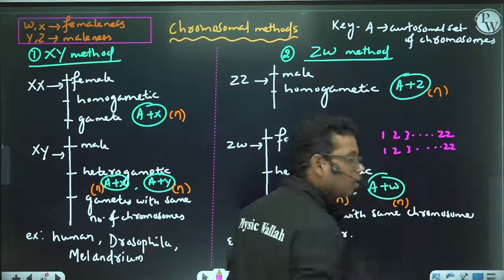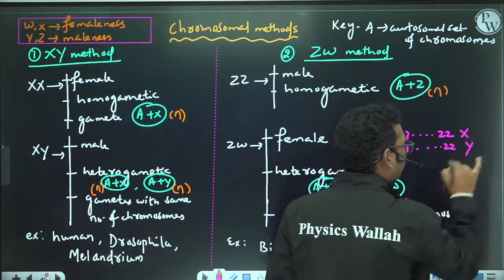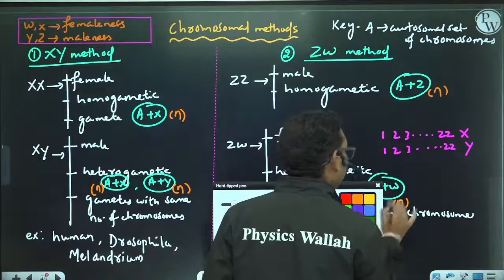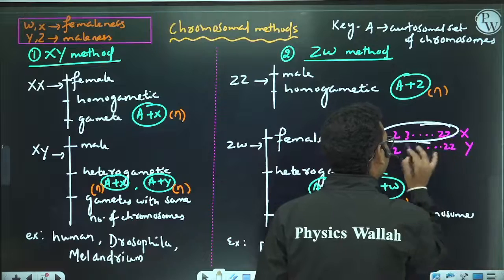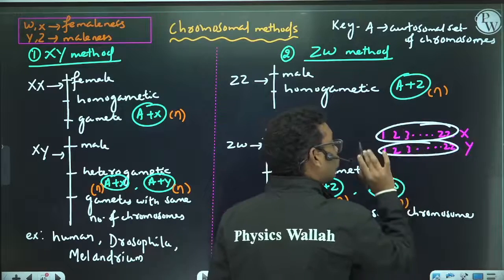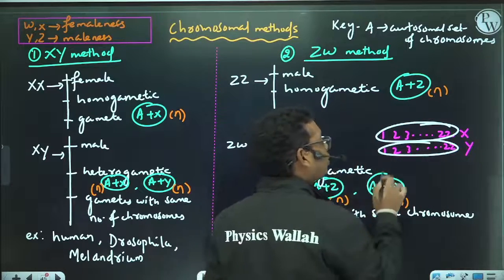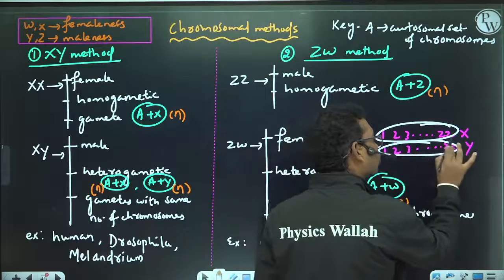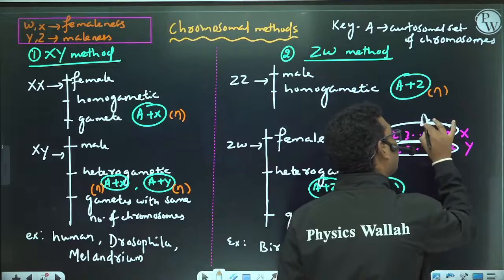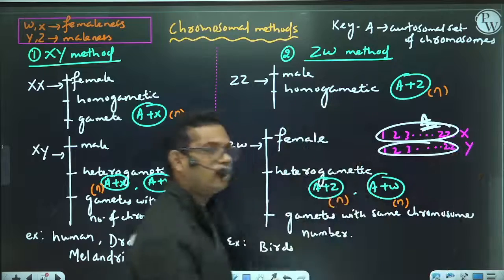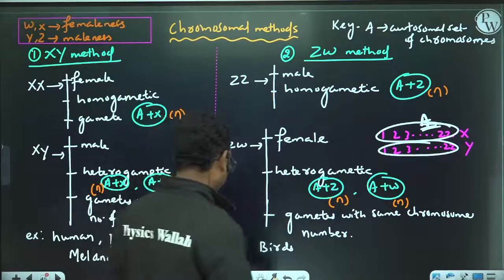And in case of me, one X chromosome and one Y chromosome is present. So I will say this is one autosomal set, this is another autosomal set. With respect to human beings, from chromosome 1 to chromosome 22, I will call all of them A, or capital A. Clear?